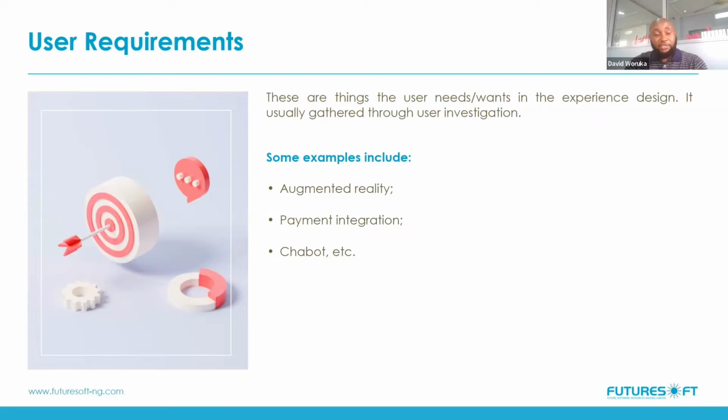Some of the things I've listed here: we've seen people implement cases of augmented reality for people who are more or less interior decoration freaks and so on. If you're designing an experience for maybe a furniture company, how can you integrate methods using augmented reality?